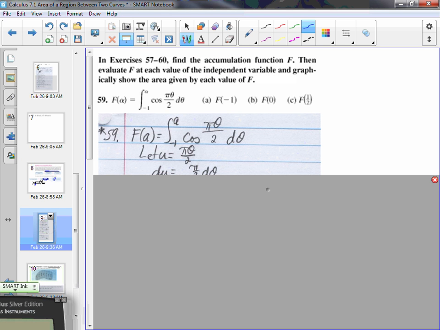Number 59 on page 453. Write this one down. It is part of your assignment.